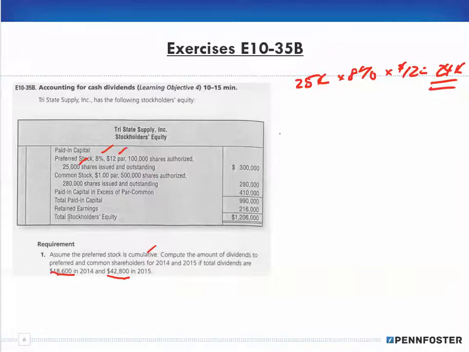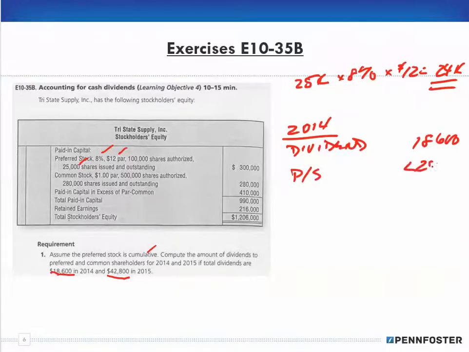Right. So for the year 2014, the dividend was $18,600. Okay, so out of $18,600, right, preferred gets $24,000. Right.